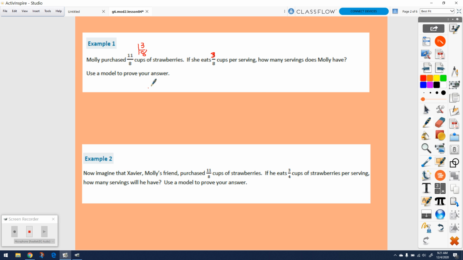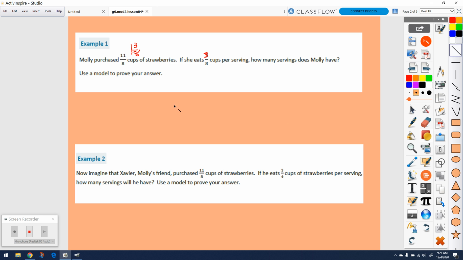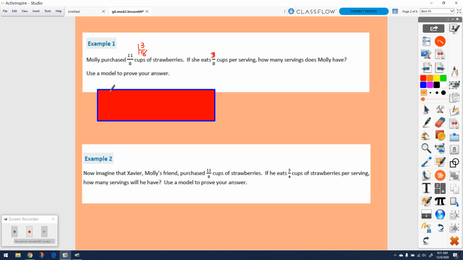So we need to go ahead and start out with her 1 3/8. Now, let's go ahead and find our model. That is not what I wanted. Okay, go back. Here's our model, and we are cutting it into 8ths because we know that there are 8 of them.